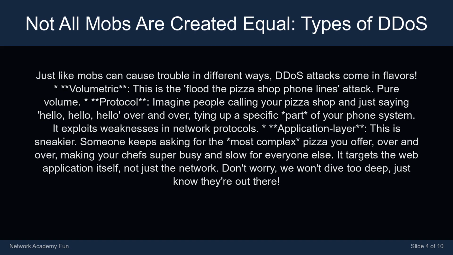It exploits weaknesses in network protocols. Application layer. This is sneakier. Someone keeps asking for the most complex pizza you offer, over and over, making your chefs super busy and slow for everyone else. It targets the web application itself, not just the network. Don't worry, we won't dive too deep. Just know they're out there.